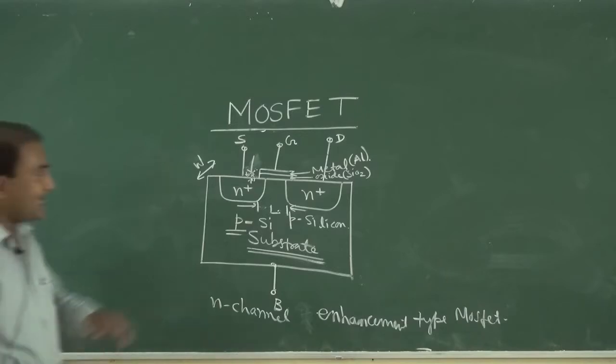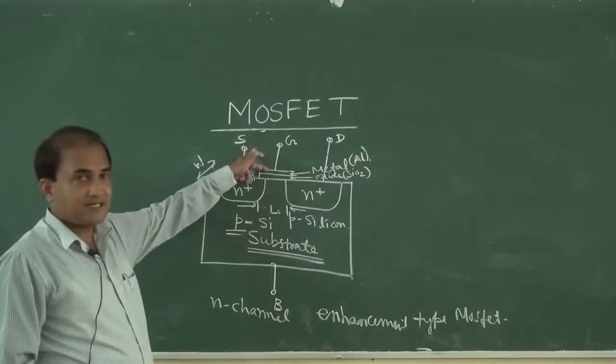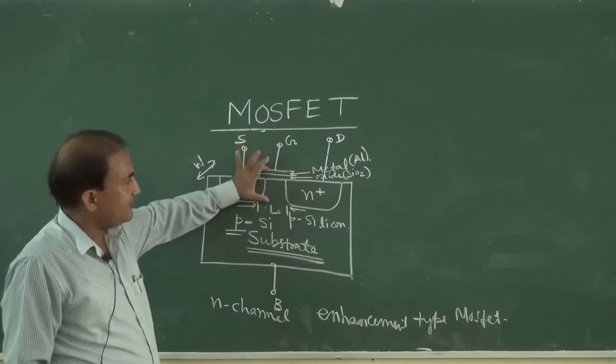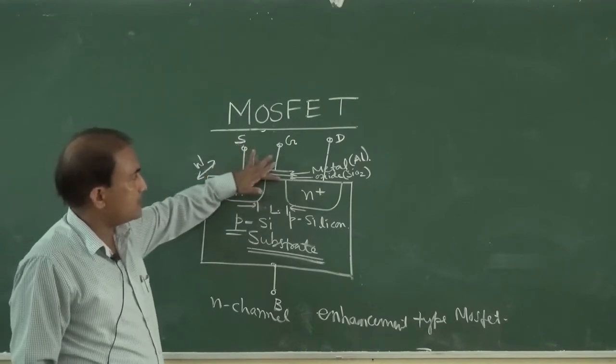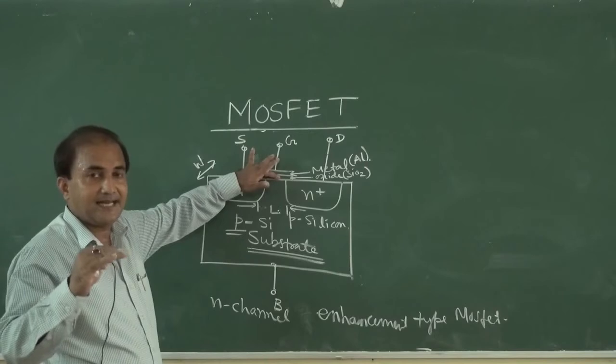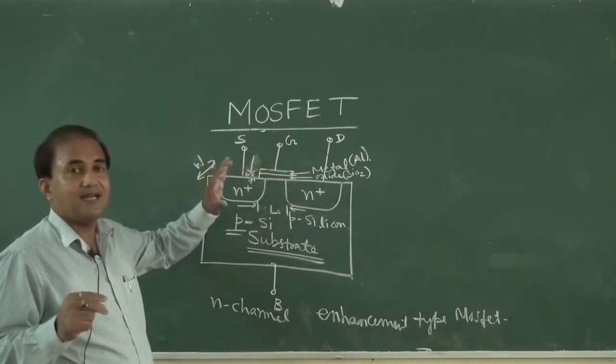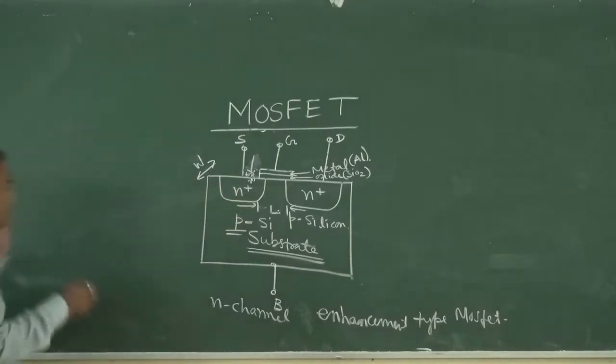So we are seeing that this is the metal layer and this is the substrate. In between the metal layer and the substrate, an oxide layer exists in case of MOSFET. So this complete structure behaves as a capacitor also.